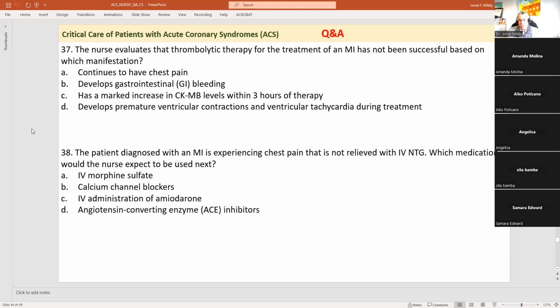We have to make sure that we understand this concept: CCB and ACE inhibitors will not relieve the chest pain related to acute MI.